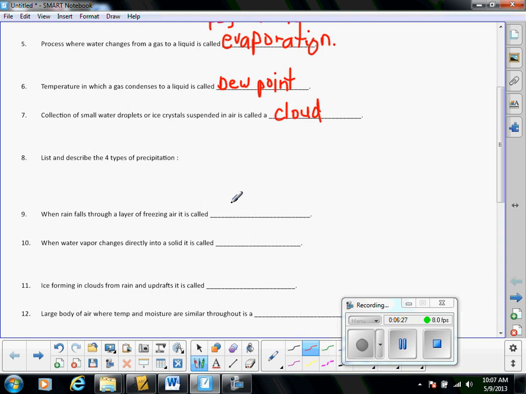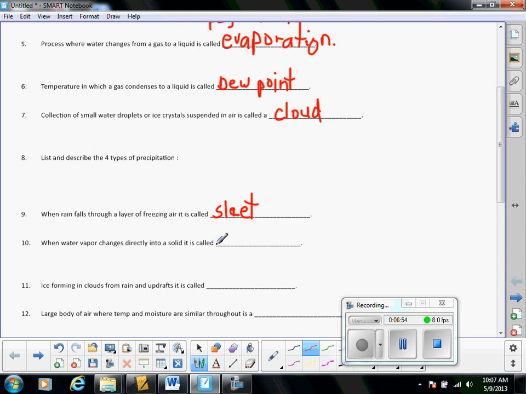When rain falls through a layer of freezing air, that is called sleet. So the liquid water falls from the cloud through the atmosphere. And if the atmosphere is cold enough, below freezing point, it will freeze as it's falling, and it will hit the ground as sleet.